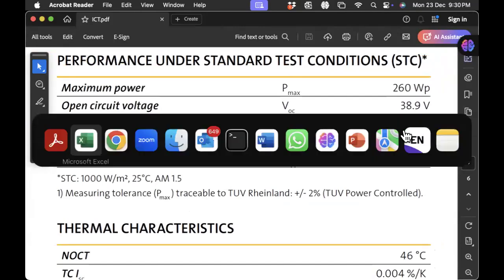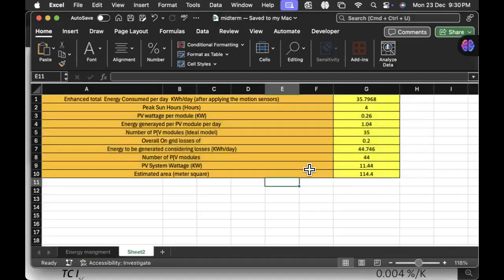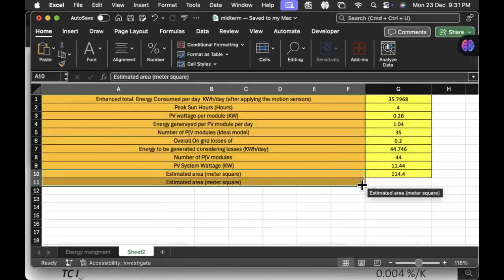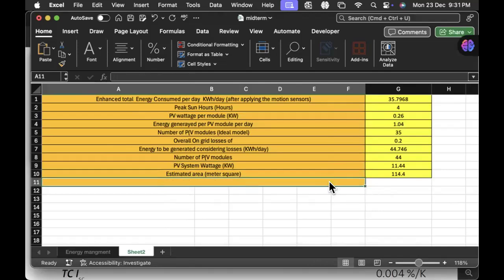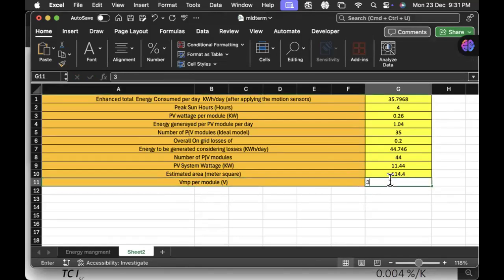So what is really important now is to do the following. VMP per module, of course, here the unit is volt. This is 30.7.